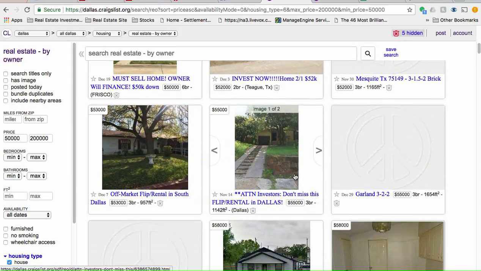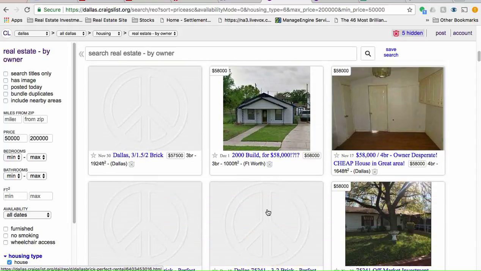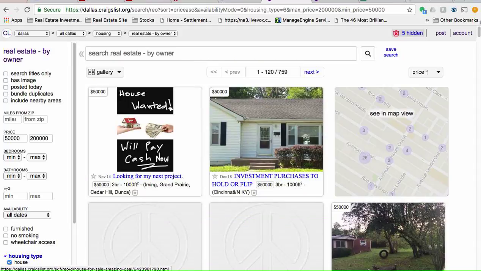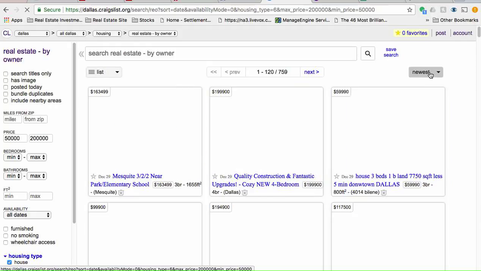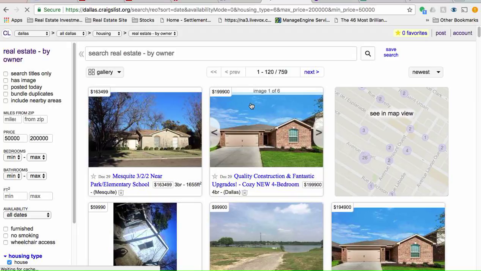So sometimes, by filtering this out like this, it allows me to search for the cheapest to the highest, and get rid of all the houses that have already been rehabbed and they're just trying to sell it on Craigslist for retail prices. But we're going to go ahead and use newest right now because that's also a good place to start too.